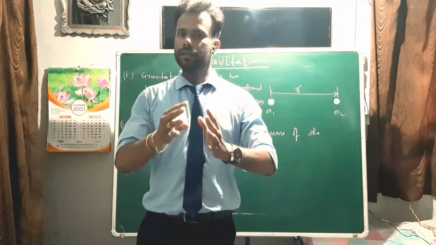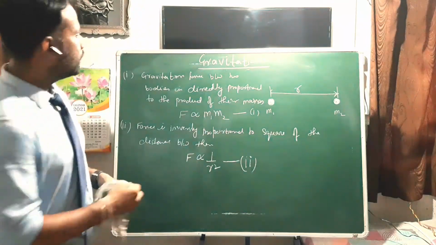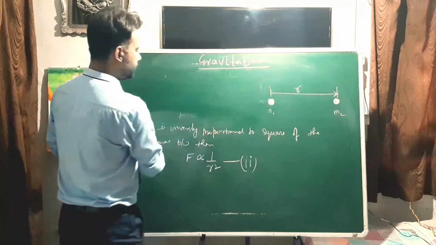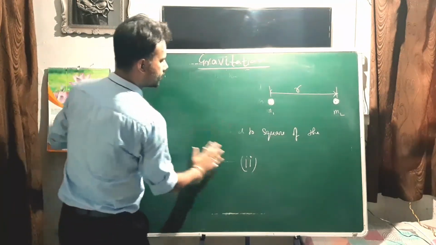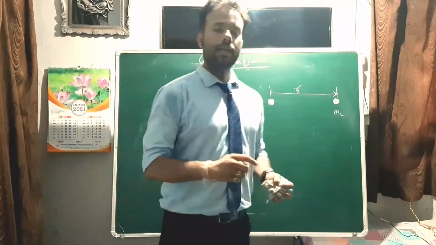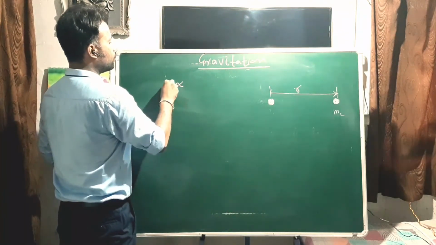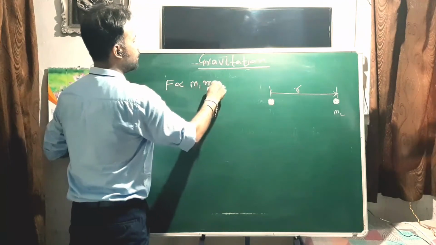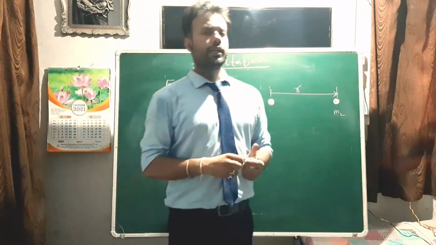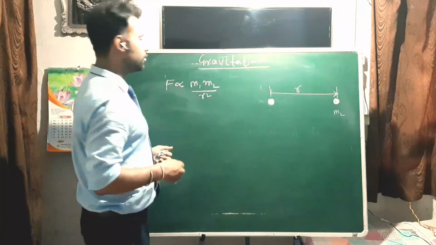Now if you combine both the parts, what will you get? When we combine these 2 parts, first part where force is proportional to m1 m2, and second that is inversely proportional to r square, it becomes F proportional to m1 m2 upon r square. Now you can see here it is not equals to, it is proportional to. So we have to remove this proportionality sign and put a constant.